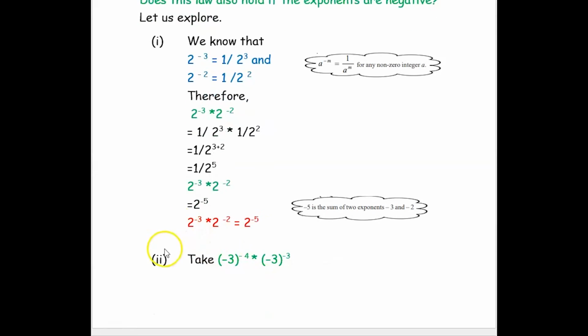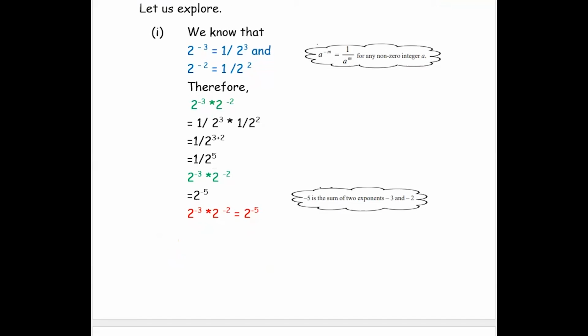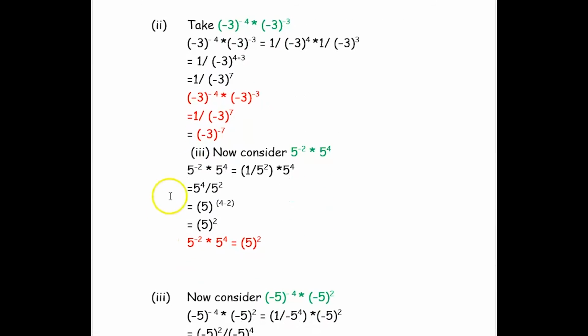Now let us check with one more example. Take negative 3 raised to the power negative 4 into negative 3 raised to the power of negative 3. Now we are going to check whether we can add the powers directly if the exponent is a negative number.